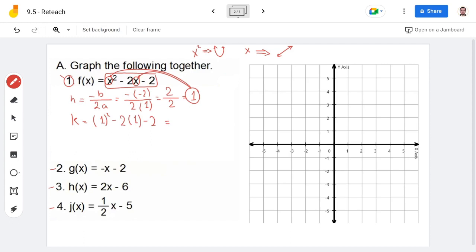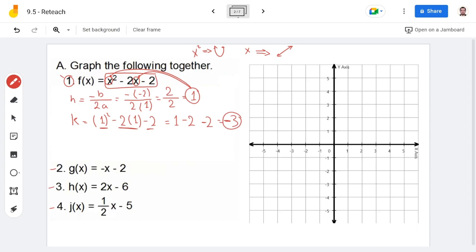Now let's simplify this. 1 squared is equal to 1. Negative 2 times 1 is negative 2. Then negative 2. Now negative 2 with negative 2 is negative 4, plus 1 is equal to negative 3. So now this one is k.